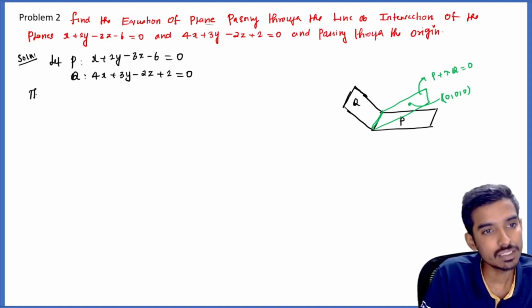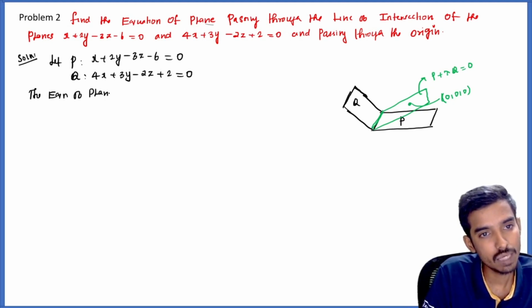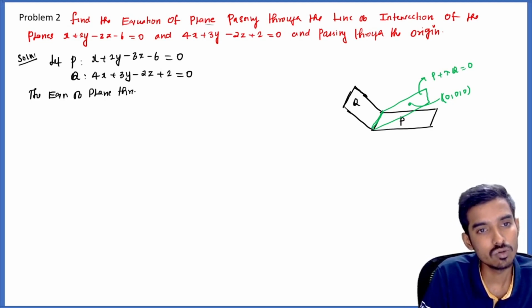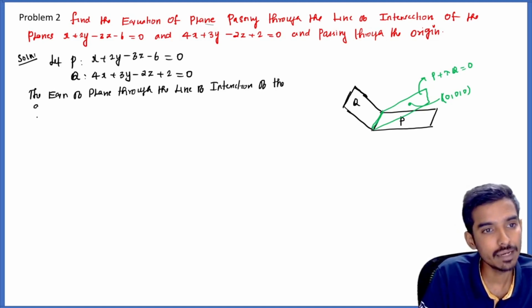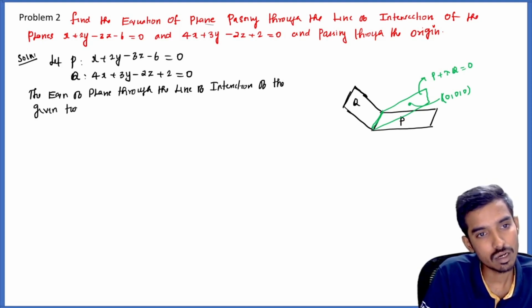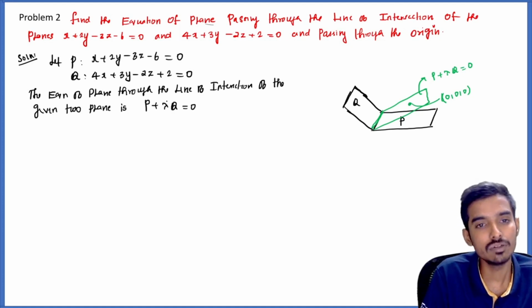The equation of plane through the line of intersection of the given two planes is P plus lambda Q is equal to 0, right?